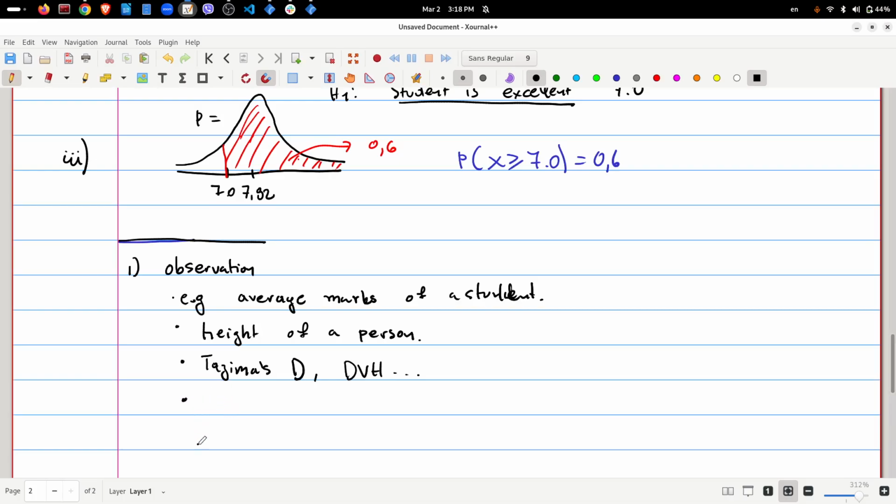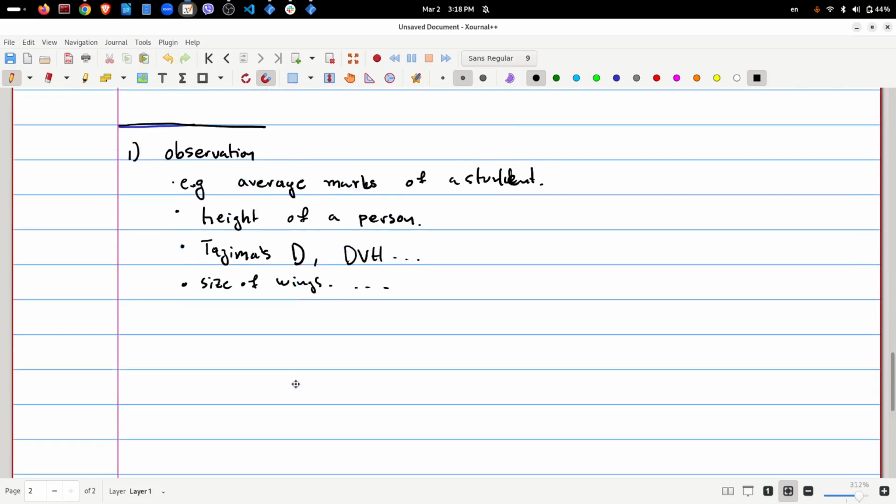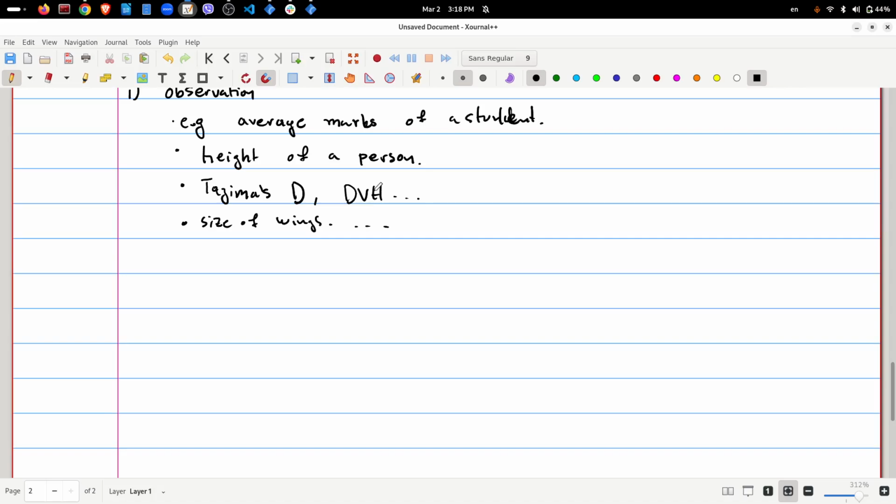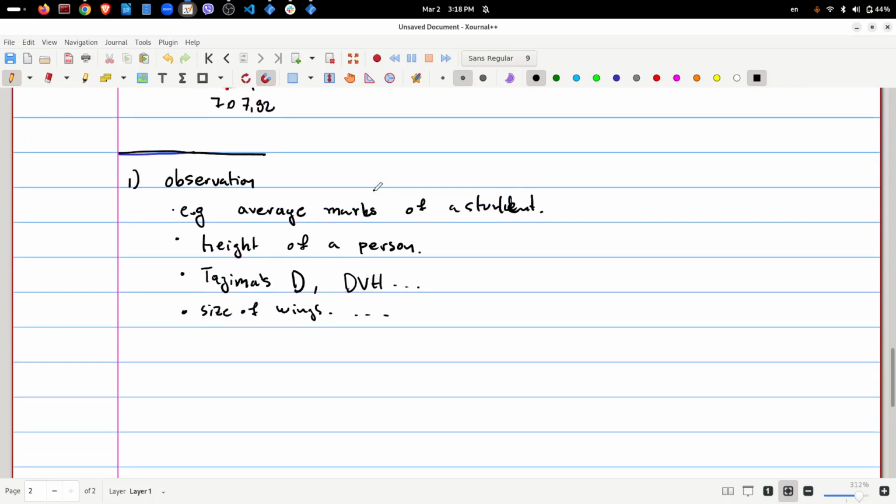It can be how big the wings of some birds are, so some observation. And this observation, the important thing is that it's a single number.